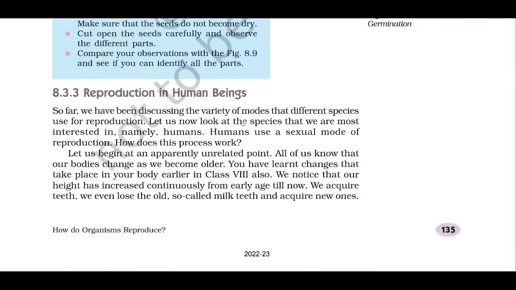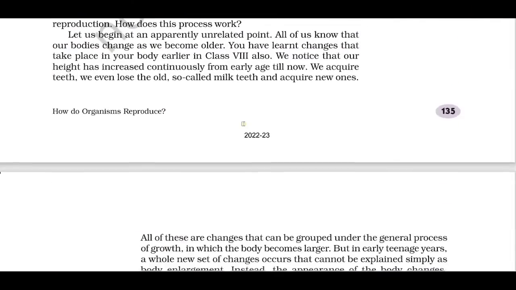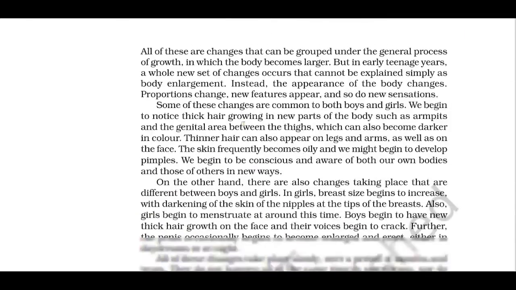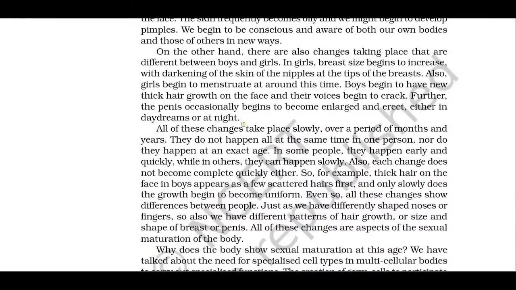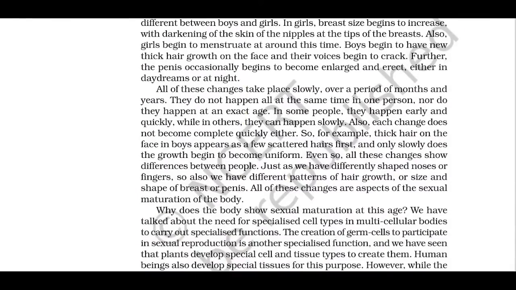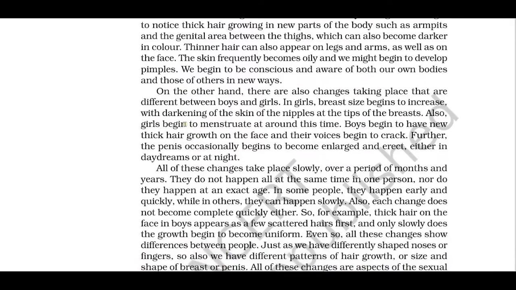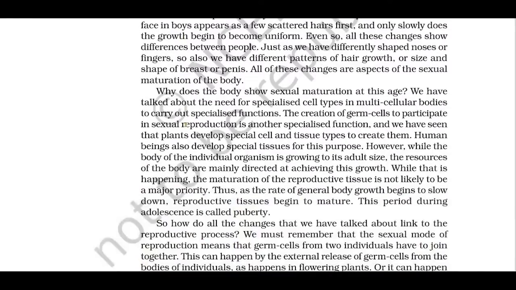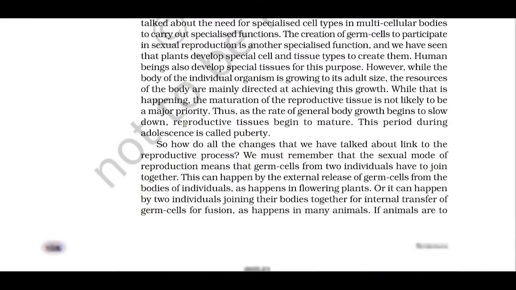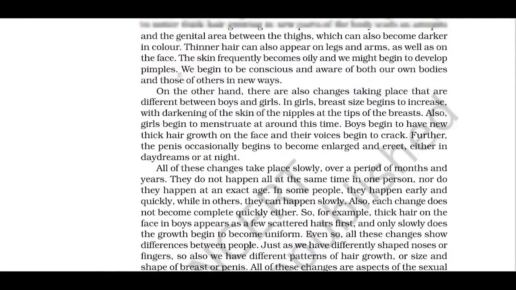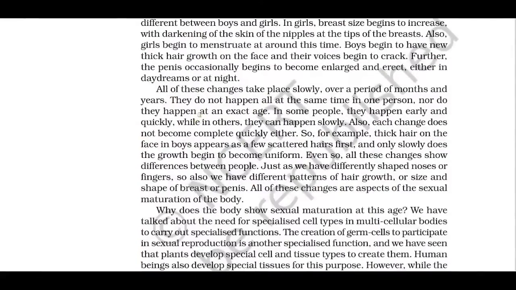Now we will see reproduction in human beings. You should know the changes that take place during puberty in males and females. This you can list down. Go through these paragraphs in detail and list down all the changes that take place during what?